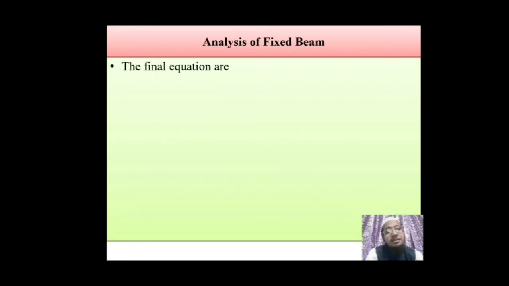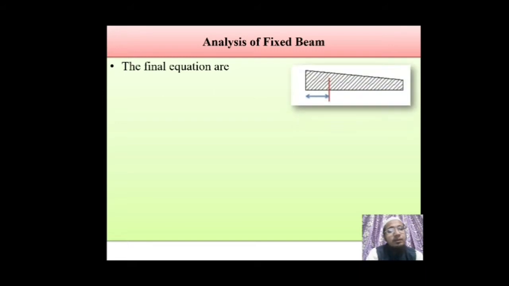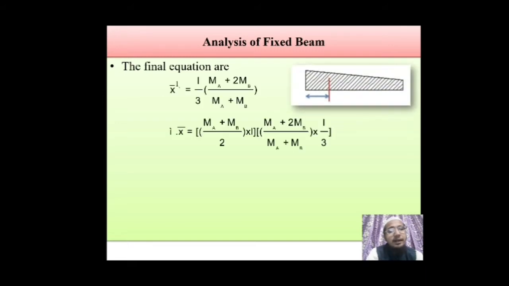Now, the final equations we will get by considering the fixed end moment diagram. We can find the CG of the fixed end moment diagram from support A easily, as it is a trapezoid. That is, x bar dash will be equal to L by 3 into (MA plus twice of MB) divided by (MA plus MB).